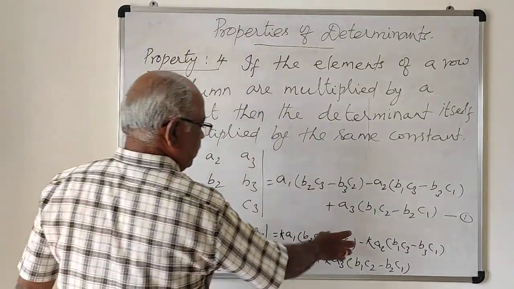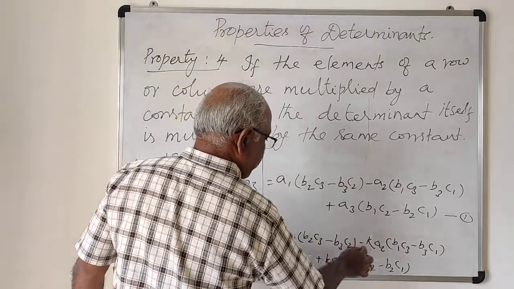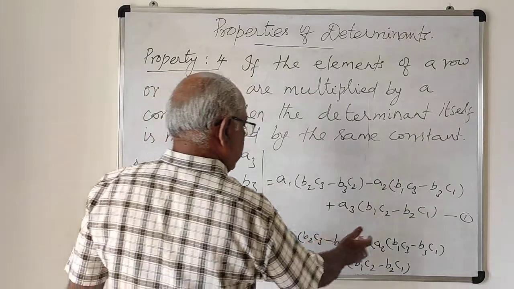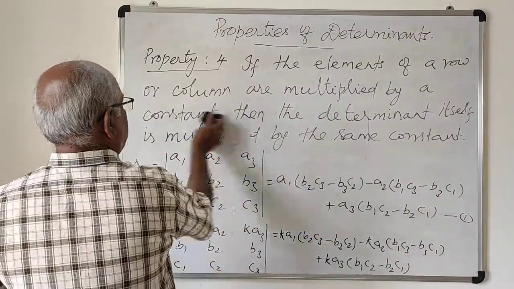So, in this expansion, I get one constant K common. I am taking the constant K out of this expression.